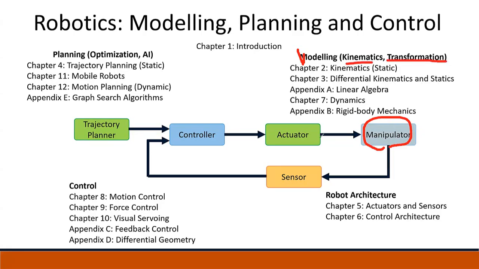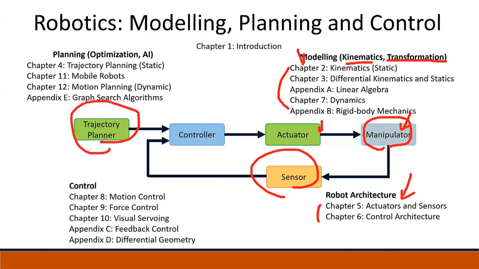It's actually talking about how the actuator and the manipulator work. Chapter 5, chapter 6, talking about the sensor and overall architecture, so you talk about the whole loop. And then chapter 4, chapter 11, chapter 12, talking about how you do planning and optimization. So that's the planning part.